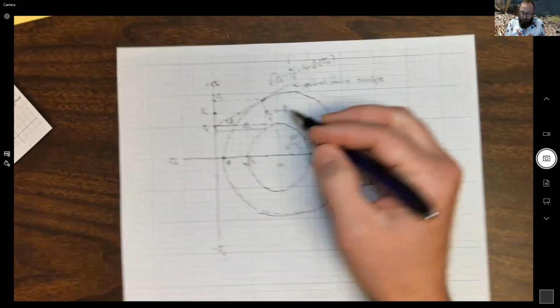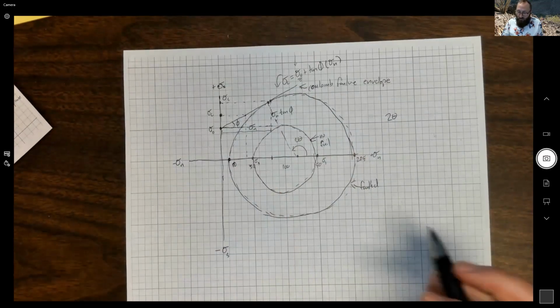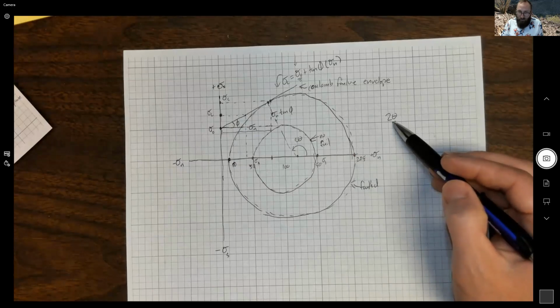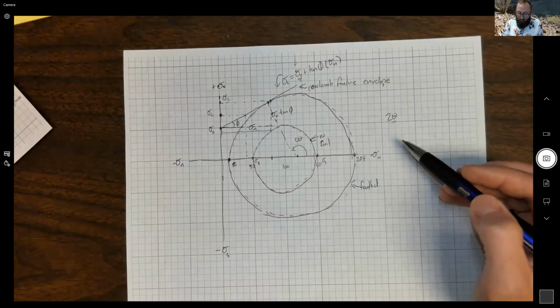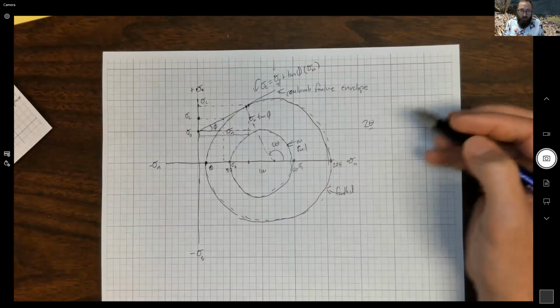The shallower this line is, the more flat the line is, the smaller 2 theta is going to be, your theta is going to be. And the steeper it is, the larger theta is going to be.